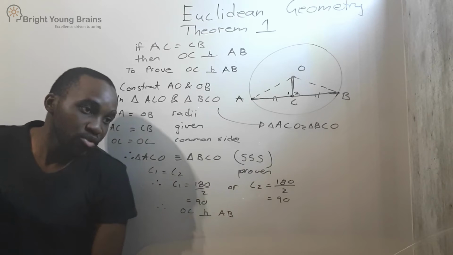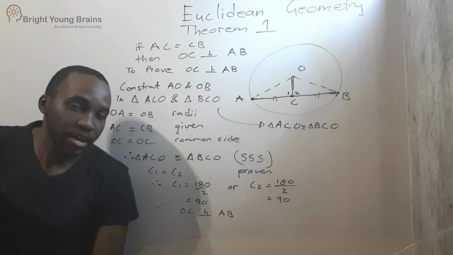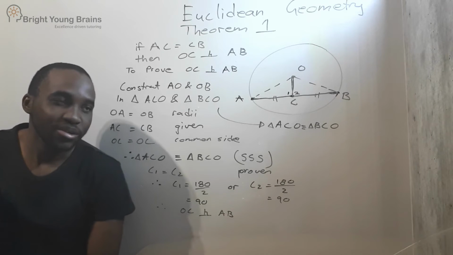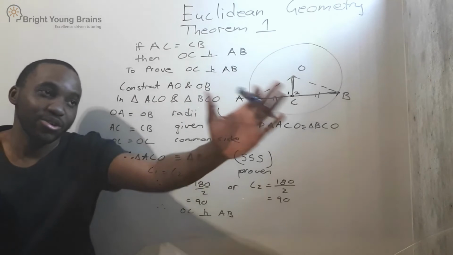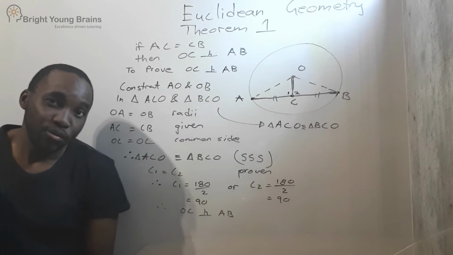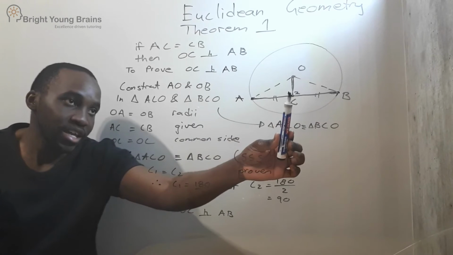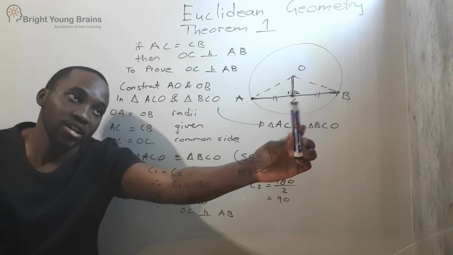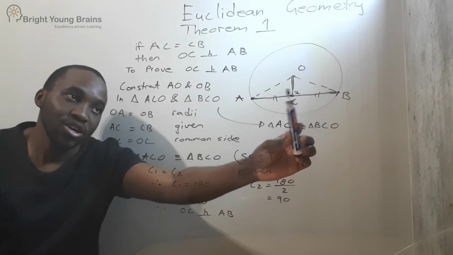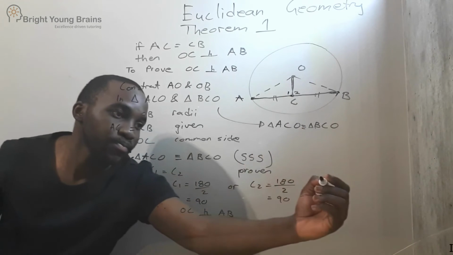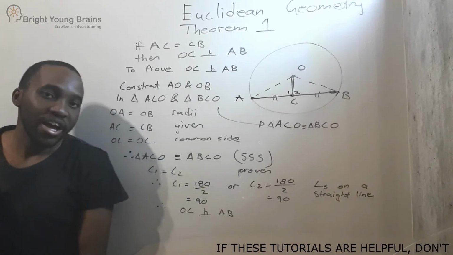So the main reason why I have chosen to map this out in this manner is you want to keep in mind that when you're going to be proving stuff, you don't need to be too fancy, in the sense that this is somewhat fixed. If you're going to prove this theorem, just prove that these two triangles are congruent. That's going to give you the bulk of your marks. As soon as you've proven that those two triangles are congruent, you then just want to state that one portion of your triangle, as in one side of your straight line here and your other side of your straight line here, we know that they both need to add up to 180 degrees because those are angles on a straight line.